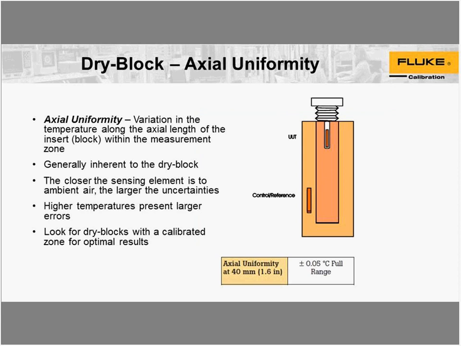Another consideration of a dry well is the axial uniformity, or top to bottom. A lot can be said there, depending upon the makeup of the unit. Typically, heated units with heaters have a much larger axial uniformity versus some of the other units that may use Peltier devices or other devices.